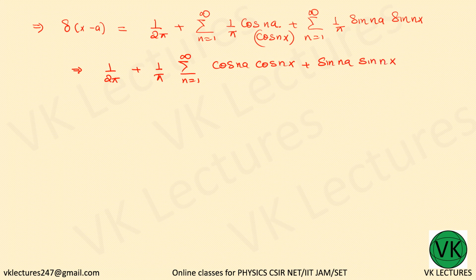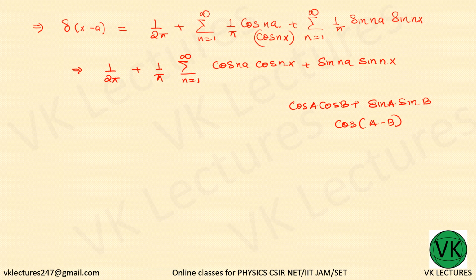So cos A cos B plus sin A sin B is nothing but cos of A minus B. So here it is cos of na minus nx.